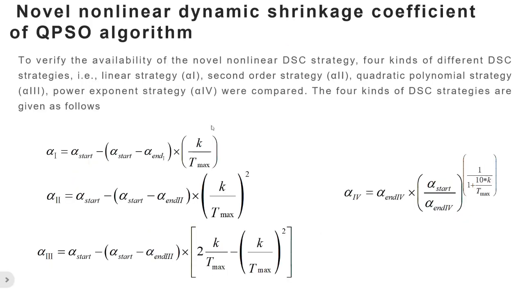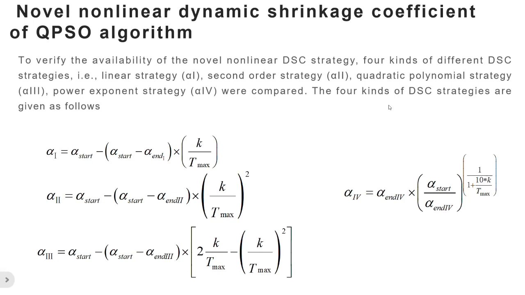And then in order to improve the prediction performance, the novel non-linear dynamic coefficients of QPSOWM were used to verify the availability of the novel non-linear DSC strategy. 4 kinds of different DSC strategies, that is, linear strategy, second-order strategy, quadratic strategy, power exponent strategy were compared.